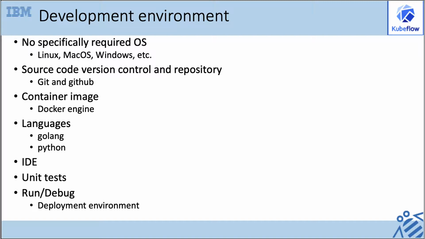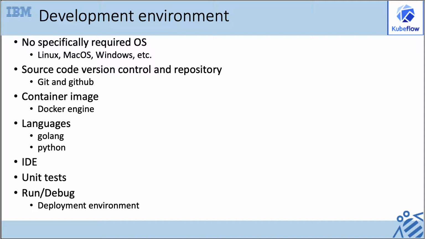For the Kubeflow project deployment environment, it can run on any OS like Linux, Mac OS, or Windows, whatever you prefer. It can run on a laptop or a VM or any machine that has enough CPU and RAM to build the source code and run some tests.